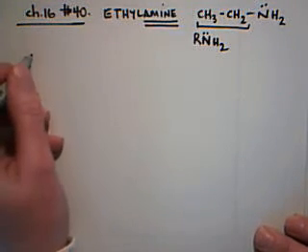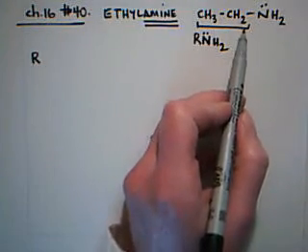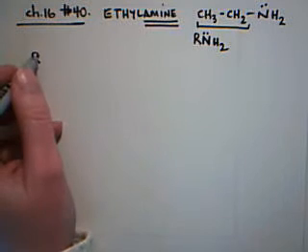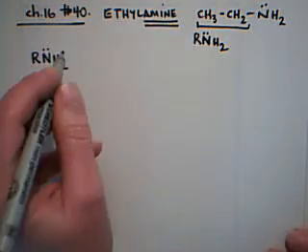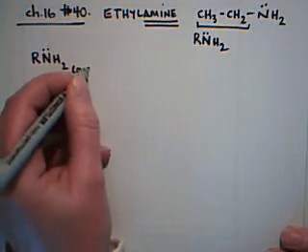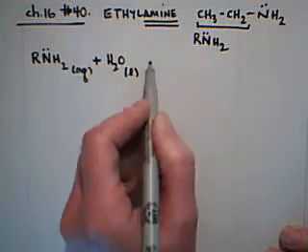Now when I put ethylamine in water, you don't have to short form it, by the way. If you want to write it out that way, that's great. R, N, H2. When I put this into water, as you know, it's a base.